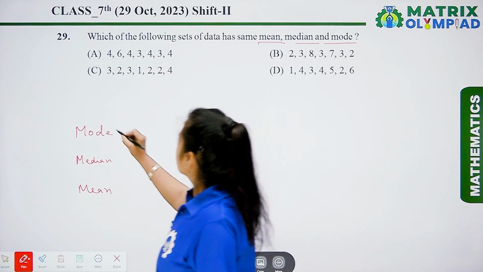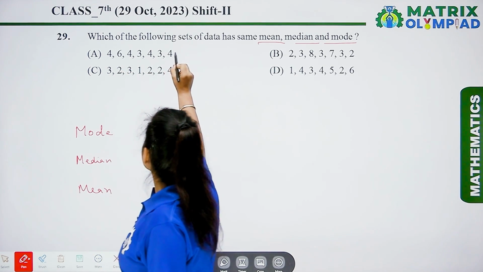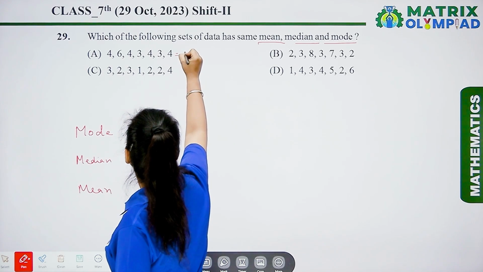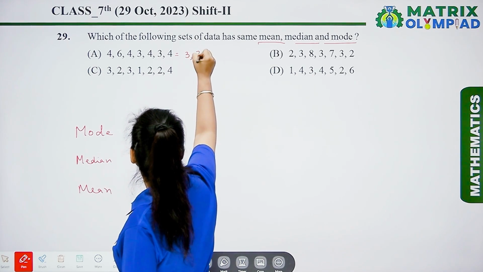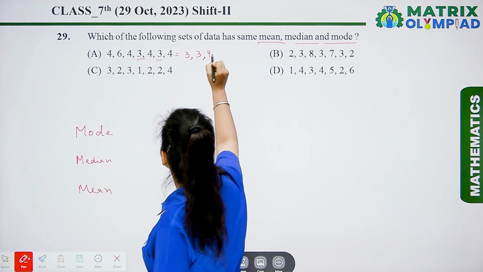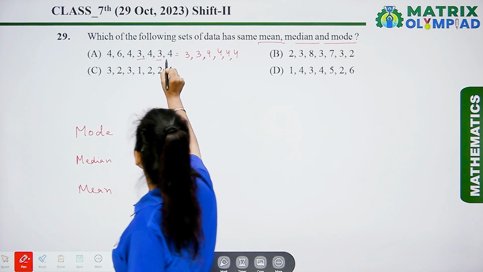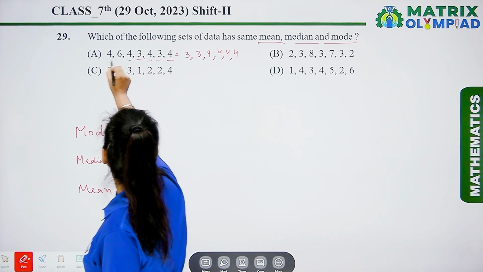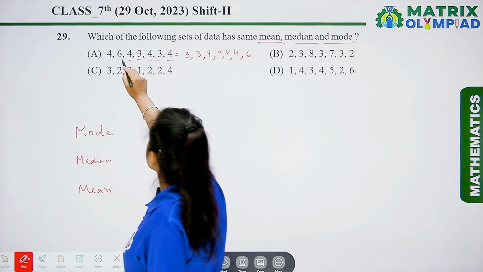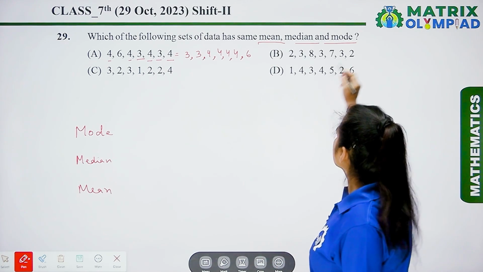So in the first set, let's arrange it in ascending order. This 3, last one is 6. So it is a total of 7 observations.